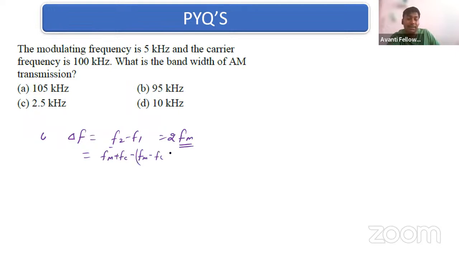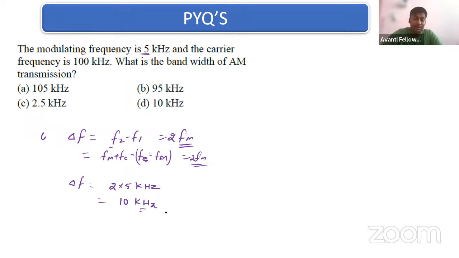So this is twice fm. Then fm here is 5 kilohertz, so the bandwidth will be twice this 5 kilohertz, which equals 10 kilohertz. Okay, this is the bandwidth of the amplitude modulated transmission.